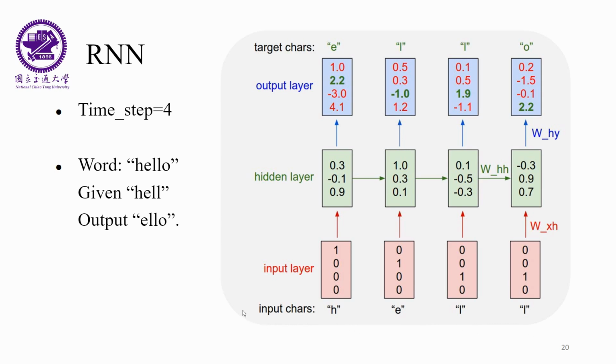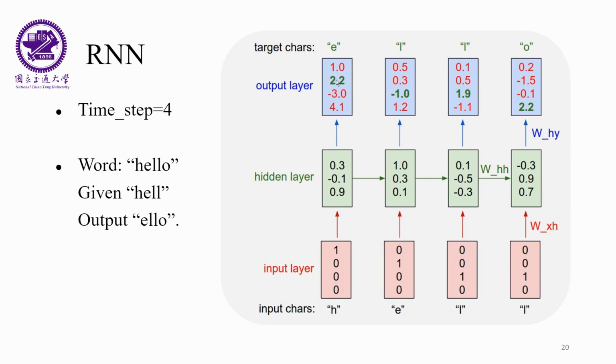Let's look at the picture on the right-hand side. The input characters are HELL, and the dimension of the input should be 4, the dimension of the hidden units is converted to 3, and then they are converted back to 4.